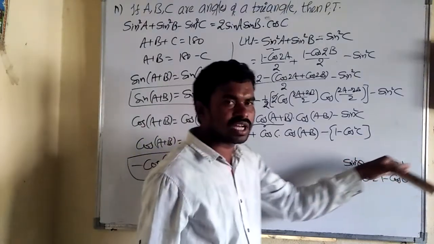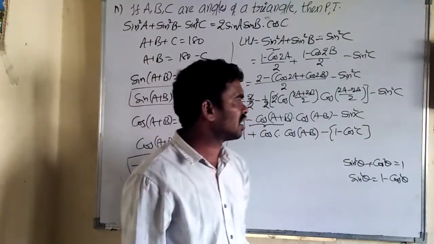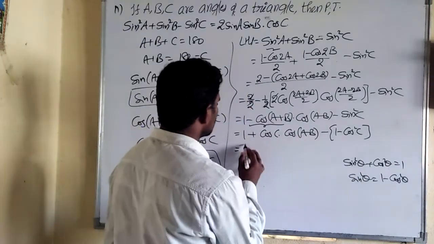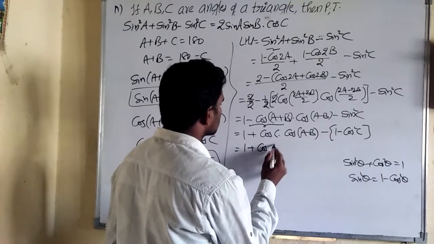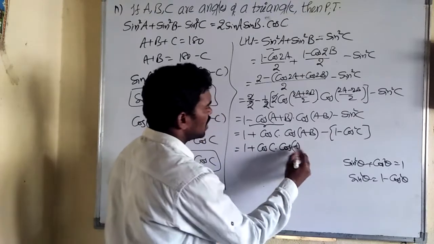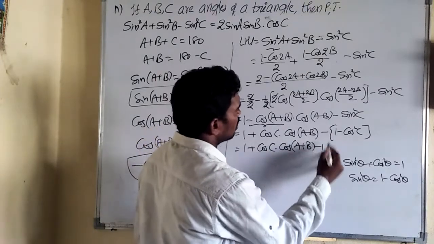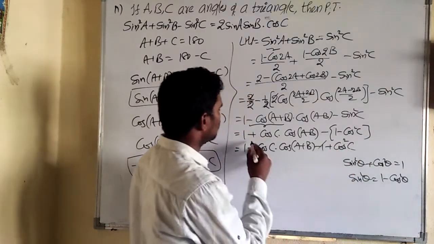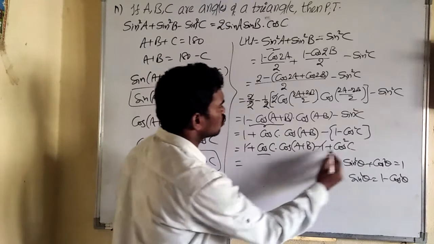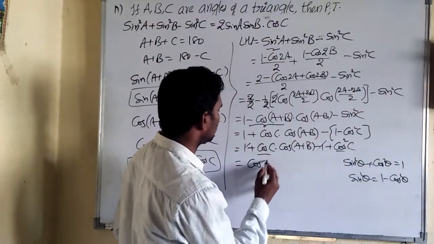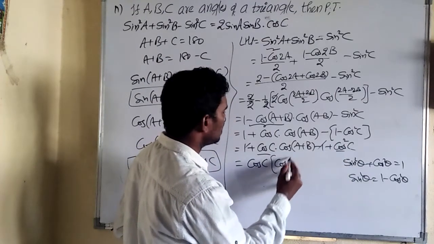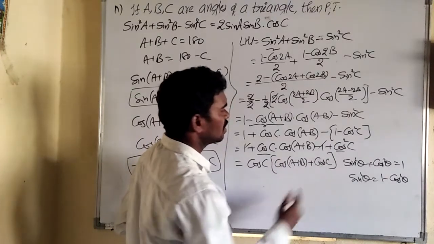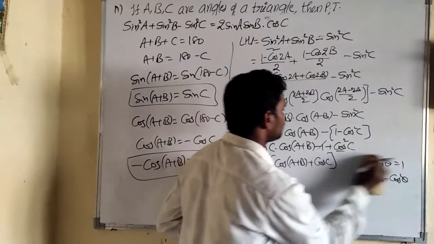You write these steps also in the rough place or in the side. Now, 1 plus cos c into cos of a minus b, so minus 1 minus into minus plus cos square c. See, minus 1 plus 1 gets cancelled, and in the remaining 2 terms cos c can be taken out common. So take cos c common, then the remaining is cos of a minus b plus cos c.